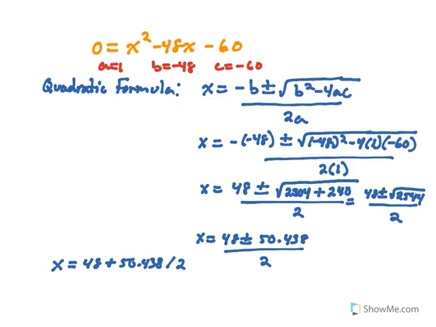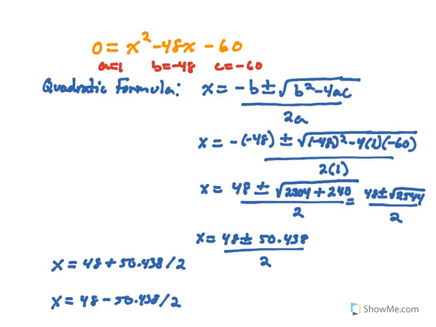And the other answer is going to be x equals 48 minus 50.438 divided by 2.